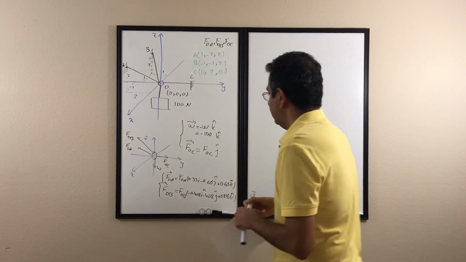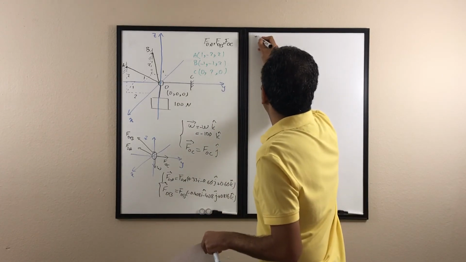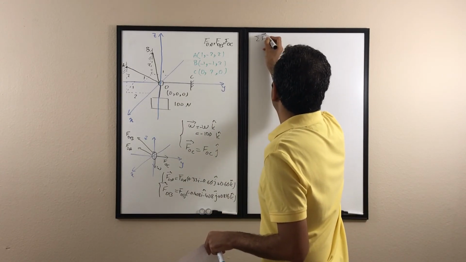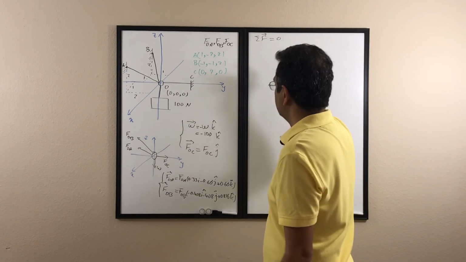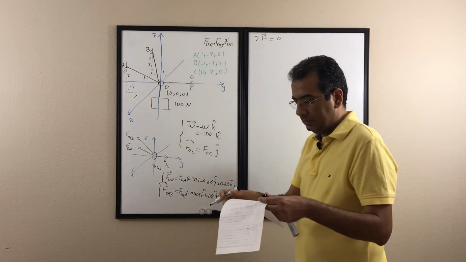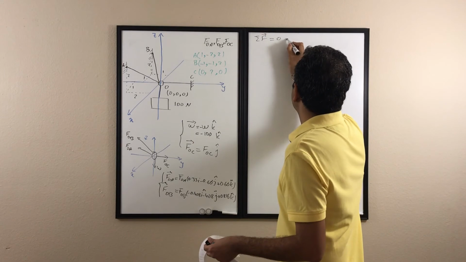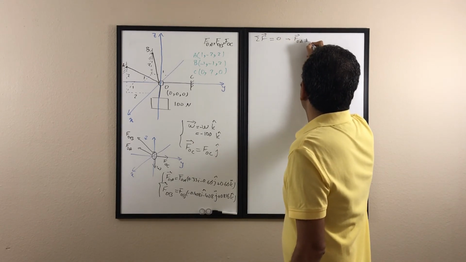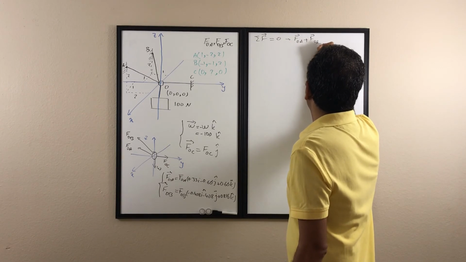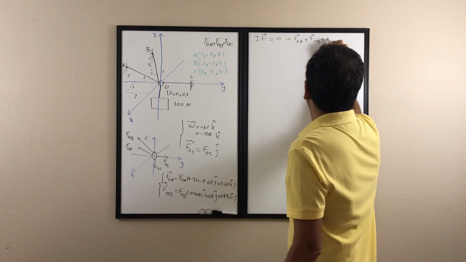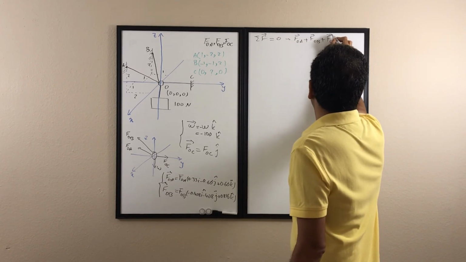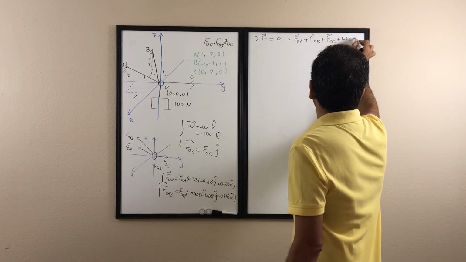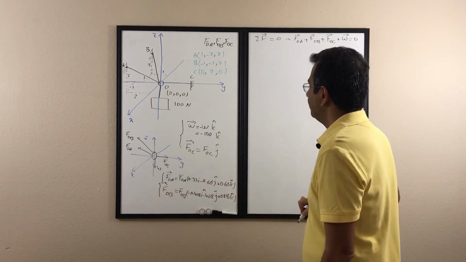So we want to write sigma F equal to 0. I'm going to start by writing all the forces I have: FOA plus FOB plus FOC plus W should be 0.